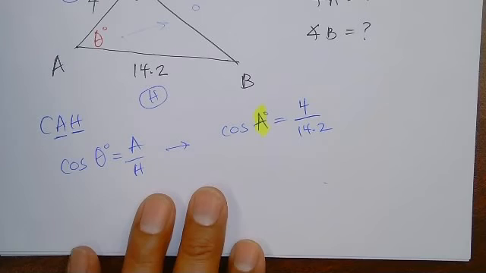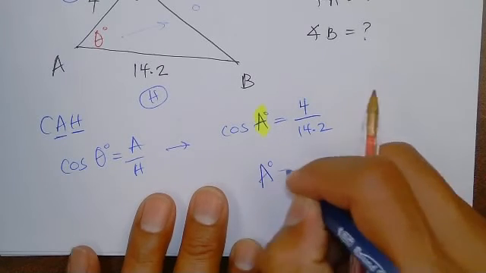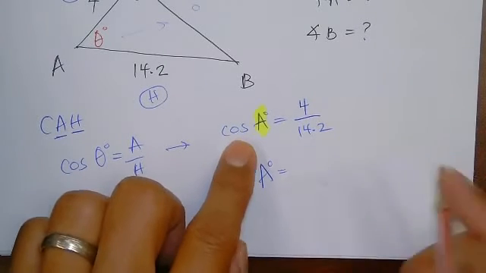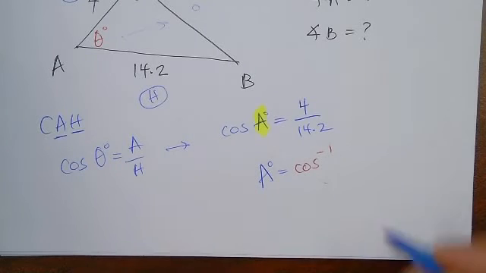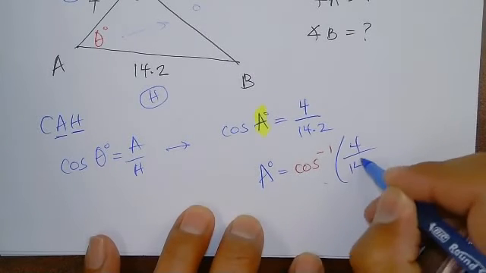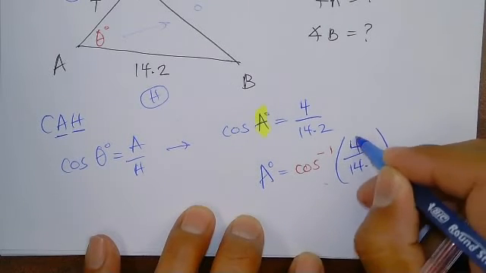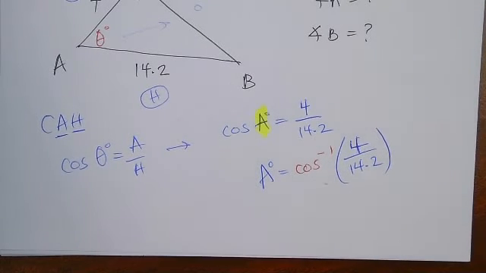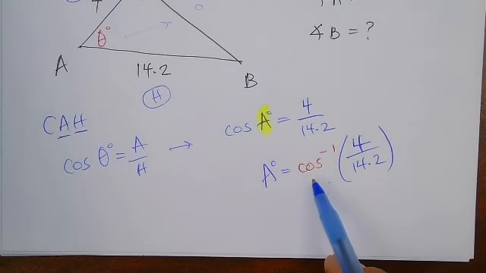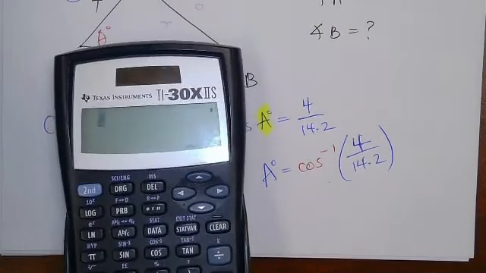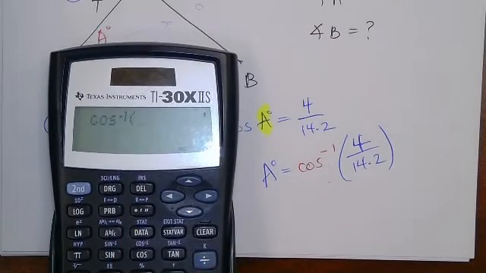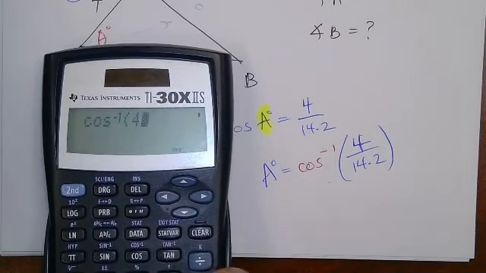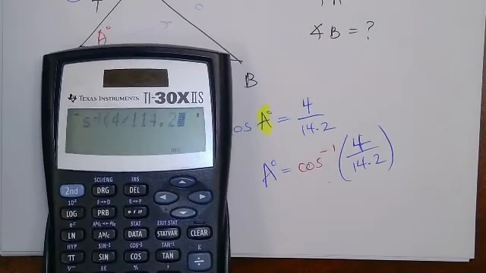So A is going to be what? The inverse of what? Cosine of 4 over 14.2. All right, if this is cosine, to find the angle, remember use the inverse. Okay, let's get that quick. That angle is going to be four divided by 14.2.